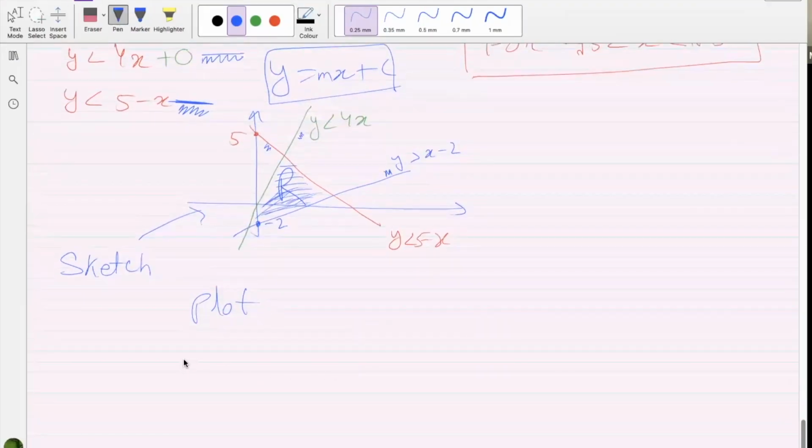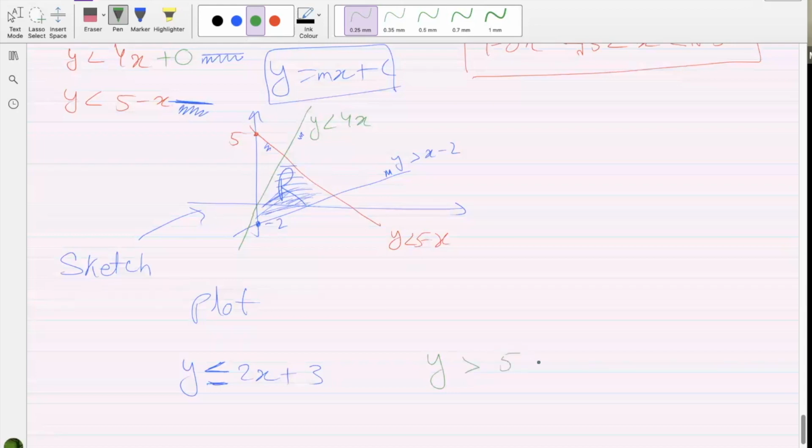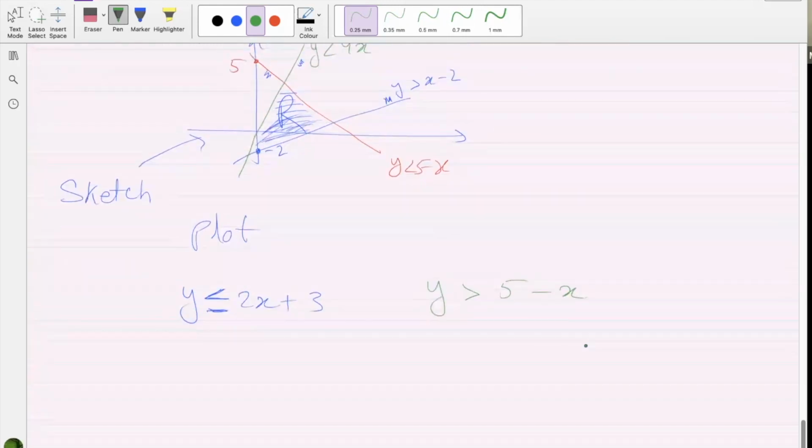if we have these equations: y is less than or equal to 2x plus 3, number one, and the second equation y is greater than 5 minus x, and you are asked to sketch these two. So y is less than or equal to 2x plus 3 will look like this. The gradient is 2 and the y-intercept is 3.